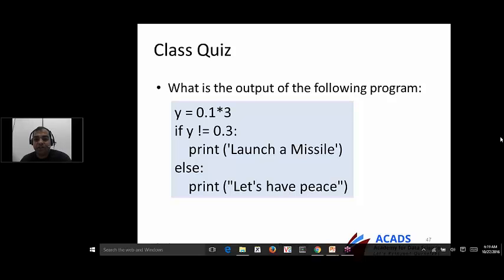So the choices you have are, I think, either it can print launch a missile, or it can print let's have peace, or the program can print an error. So please raise your hand once you have answered, so that I can see that everyone is attentive and listening to the lecture.